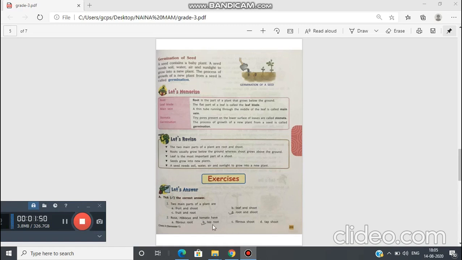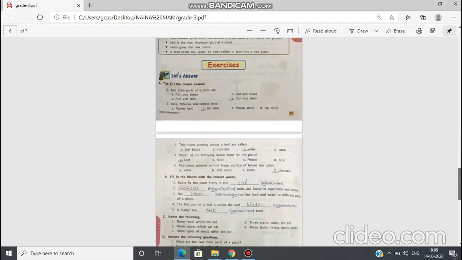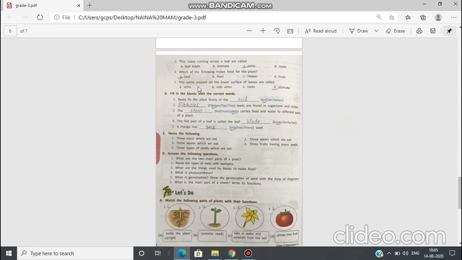Choose the right answer. This is taproot, right? Next, thin tubes running across a leaf are called leaf blade, stomata, veins or roots.